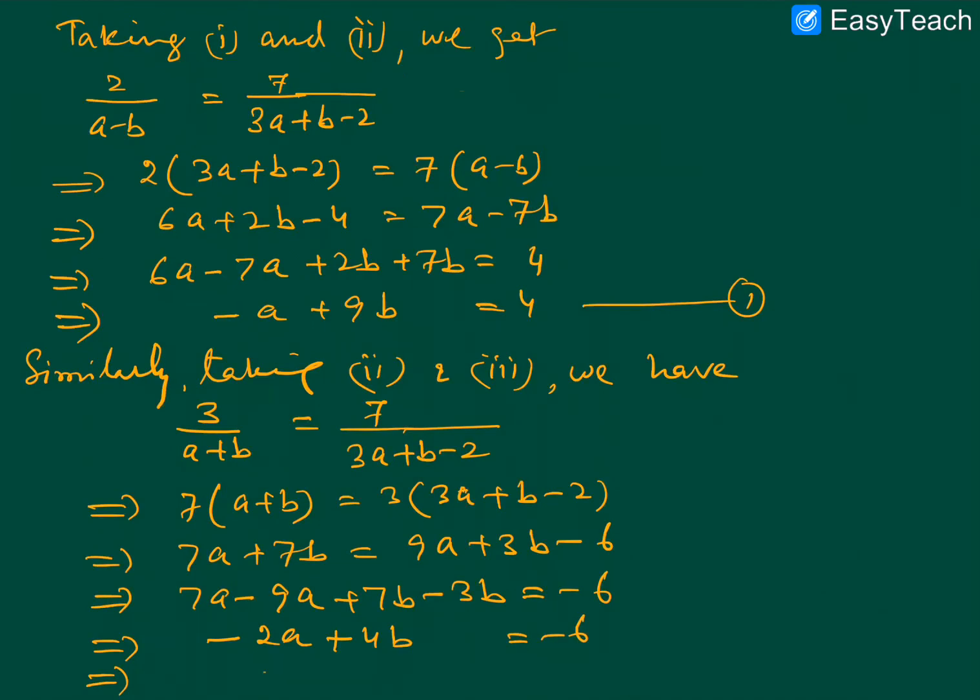Or after multiplying both sides by minus sign, this converts into this. This is the second equation. Solving these two equations, we get the values of a and b.